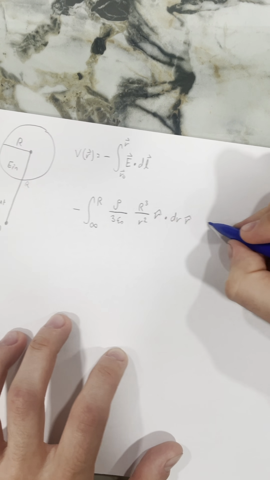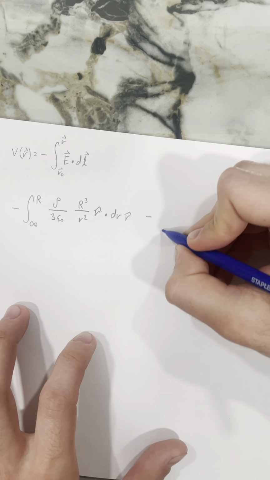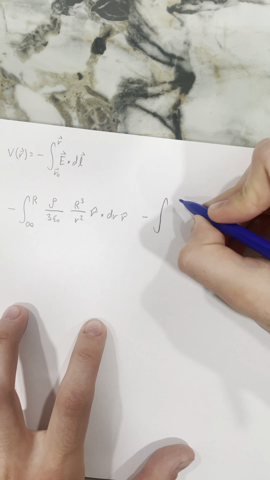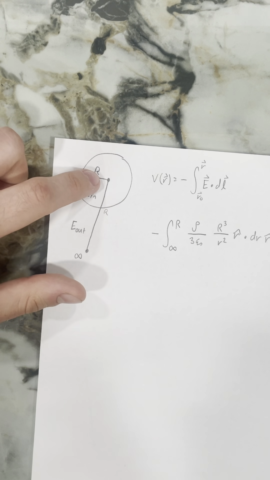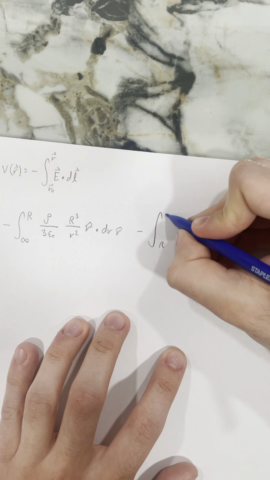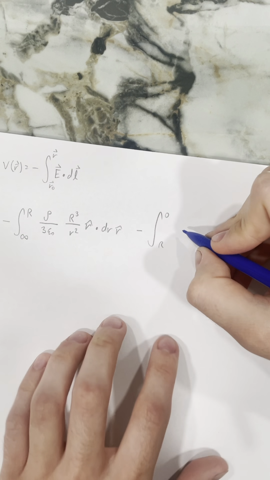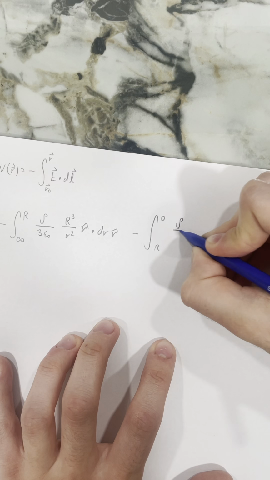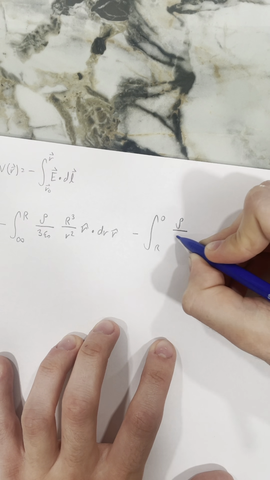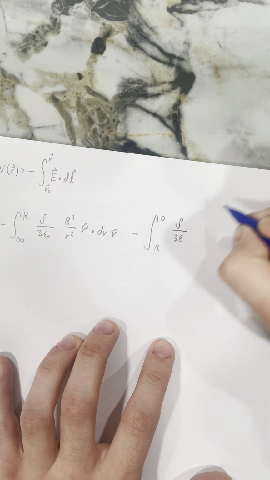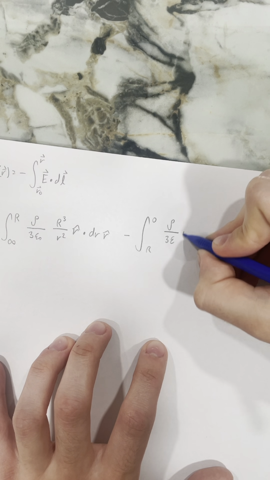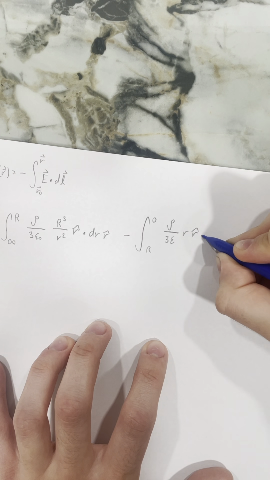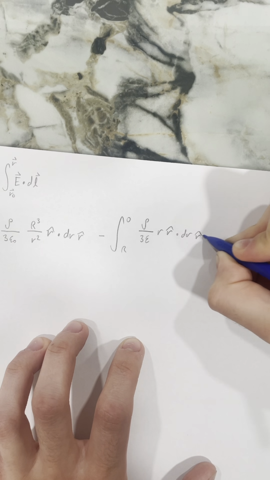And then our second integral is going to be going from R to 0. So we have this, and then it's going to be the electric field on the inside, which is the free charge density over 3 epsilon times r hat dot dr r hat.